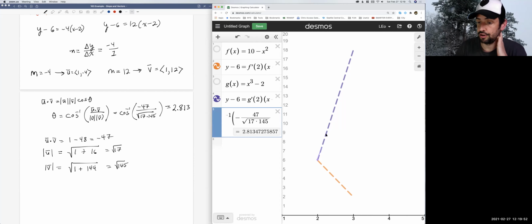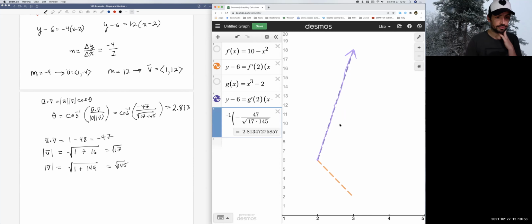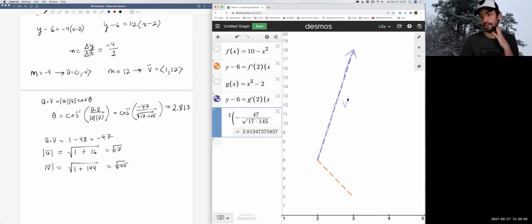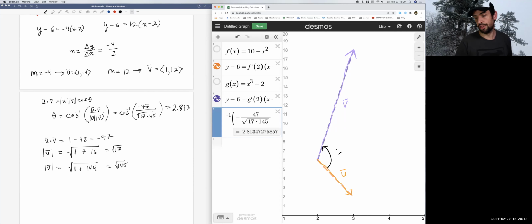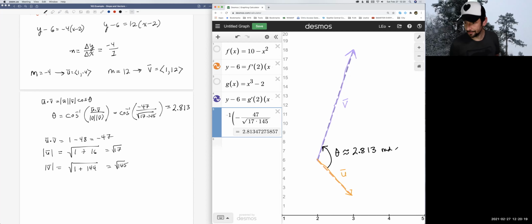What I was really drawing was a vector. This was the vector I called, which one was which? Oh, this was V. And this was the vector U. And we found theta between them to be approximately 2.813 radians.